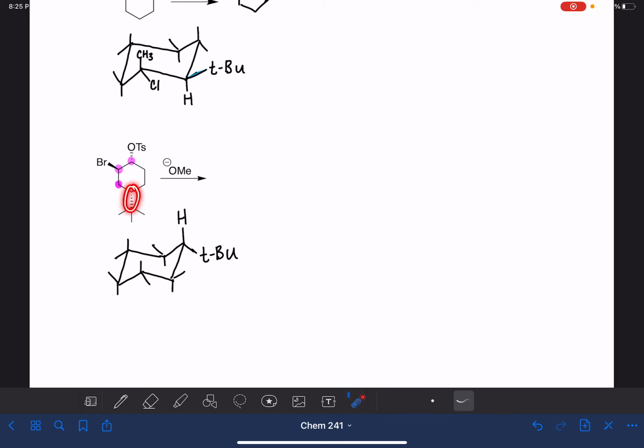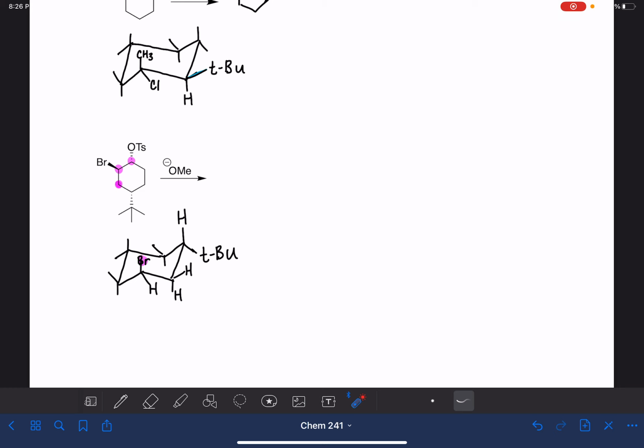So there's this carbon right here. If we go clockwise around the ring, the next carbon atom is just a CH2. And then the next carbon atom, this is where we have our bromine. The bromine is on a wedge, which I interpret as being in the up position. So look, this is good because we've got an axial bromine, which means that it's capable of doing elimination.